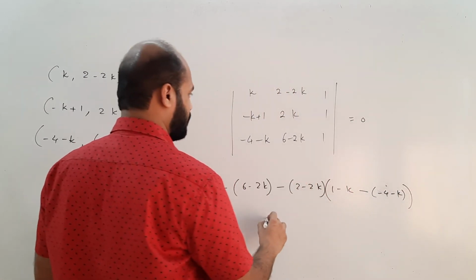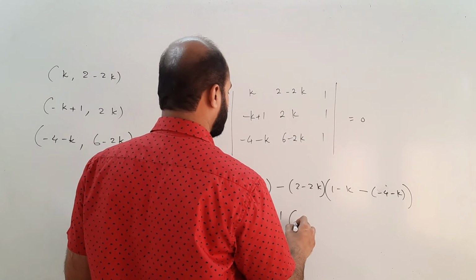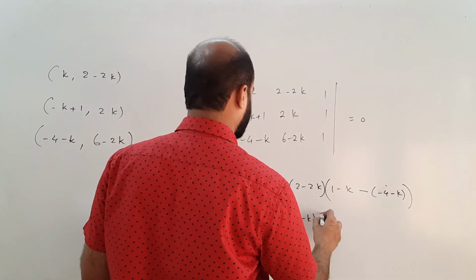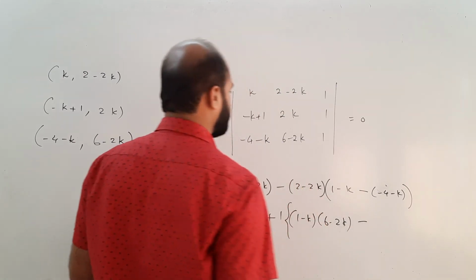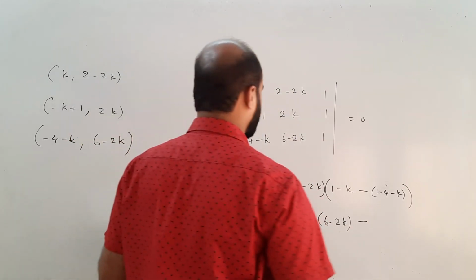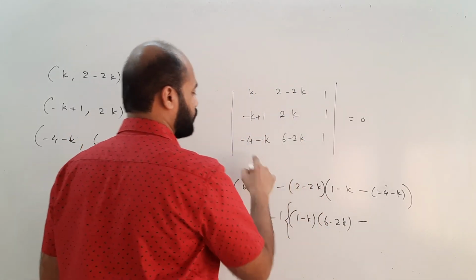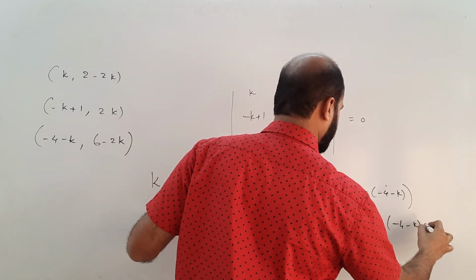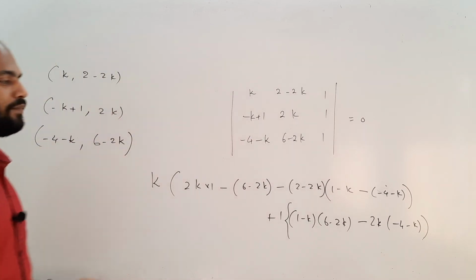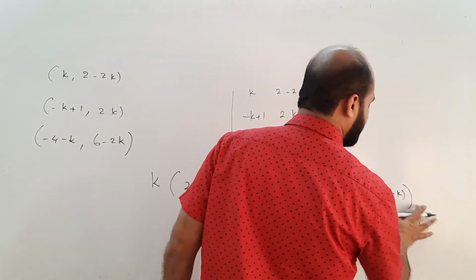And lastly it's going to be plus 1 into 1 minus k into 6 minus 2k minus 2k into minus 4 minus k. Let's simplify this further and see what answer we get.